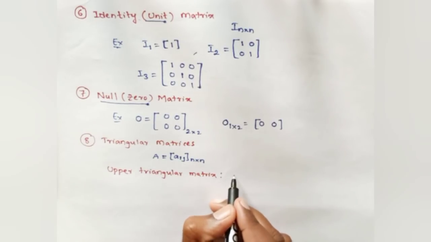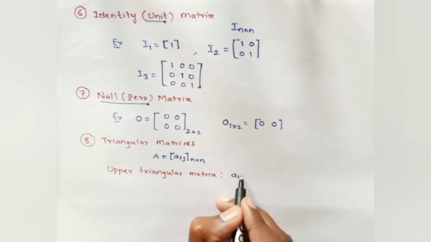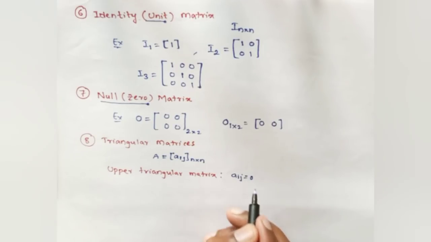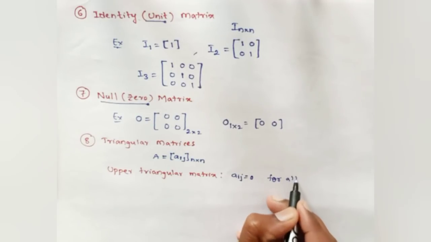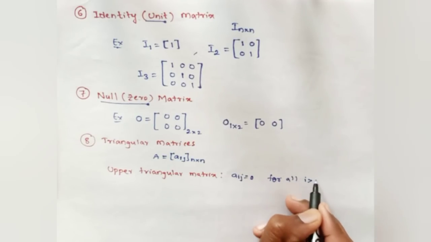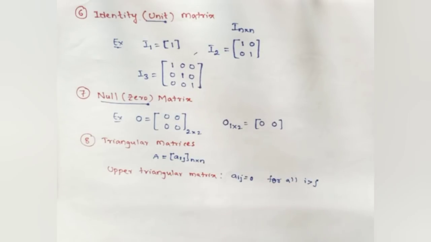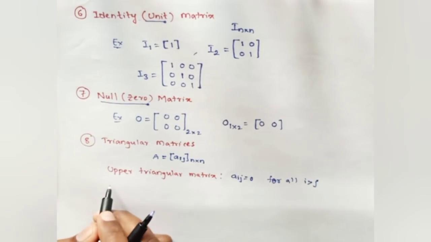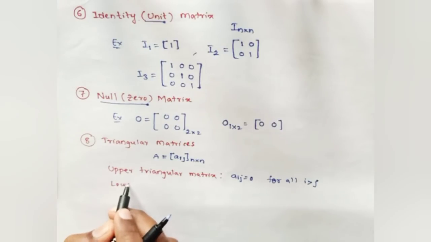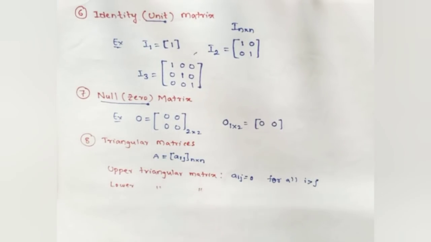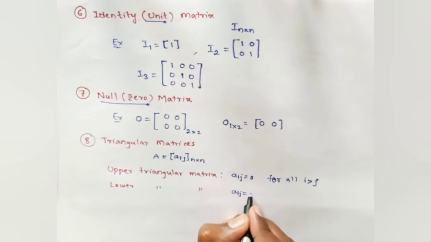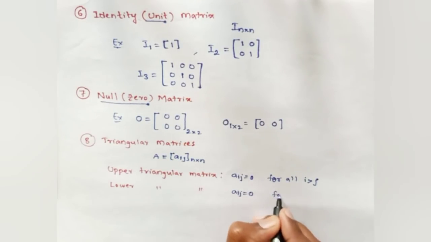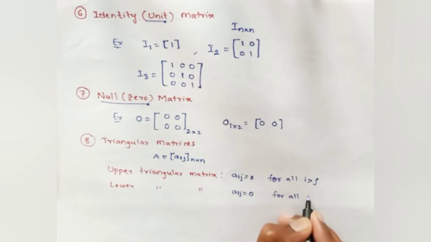Here, in each element, if Aij is equal to 0 for all i greater than j, we say that it is an upper triangular matrix. It may be a lower triangular matrix if all the elements Aij are zeros for all i less than j.